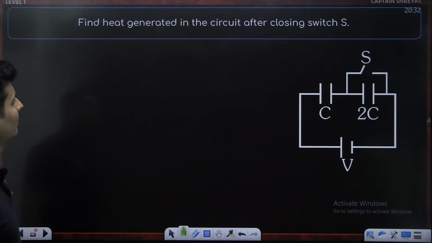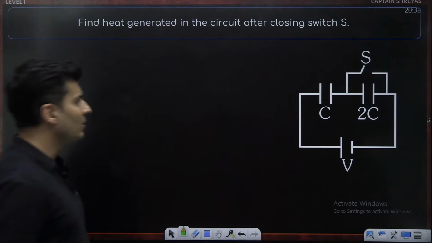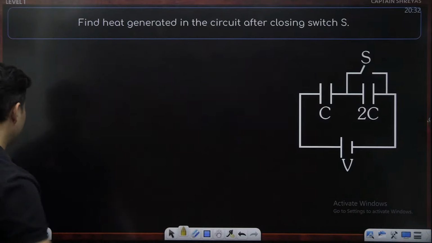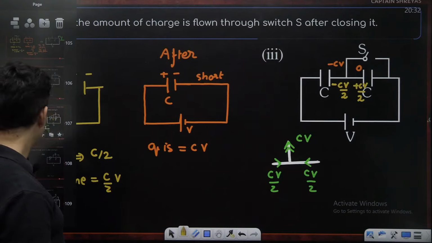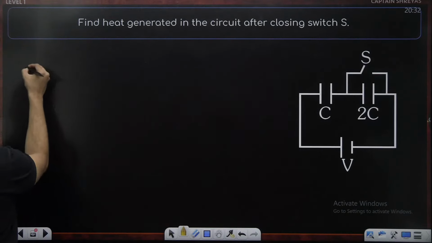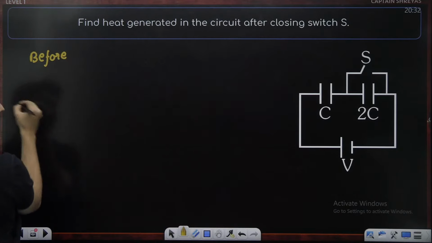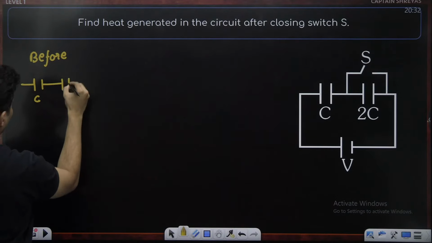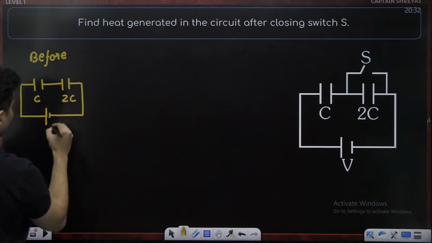Again, find the heat which is developed in the circuit after closing the switch. Guys, now this is C and 2C. Earlier, I think this was C and C. So if you look at it before, it was C here, 2C here, and this was the battery.